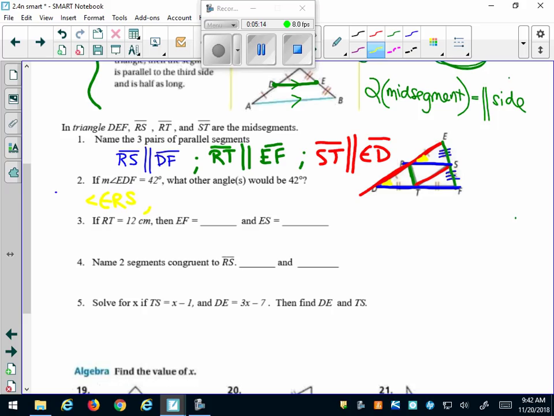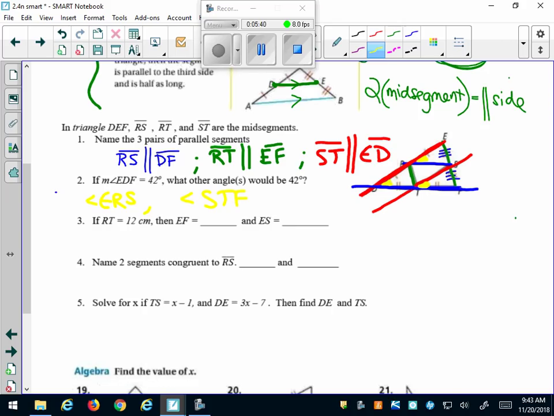Give me another one. This time think about the red being parallel to the red and the blue one being the transversal. Find me another corresponding angle. Yeah, Jack. Yep. STF right here. Can anybody find the other one?